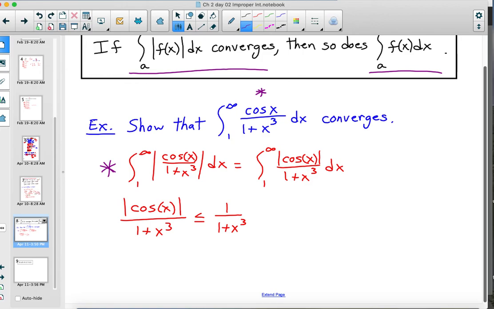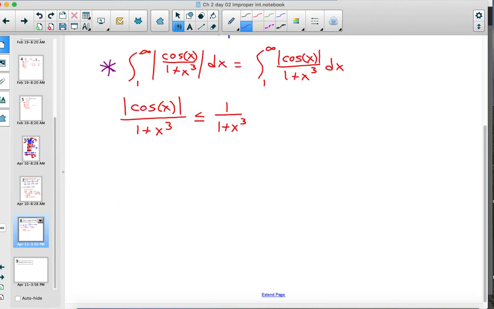They said show that, so you know that that's true. So this is less than or equal to 1 over 1 plus x cubed. How can we show that this integral from 1 to infinity of 1 over 1 plus x cubed dx converges?